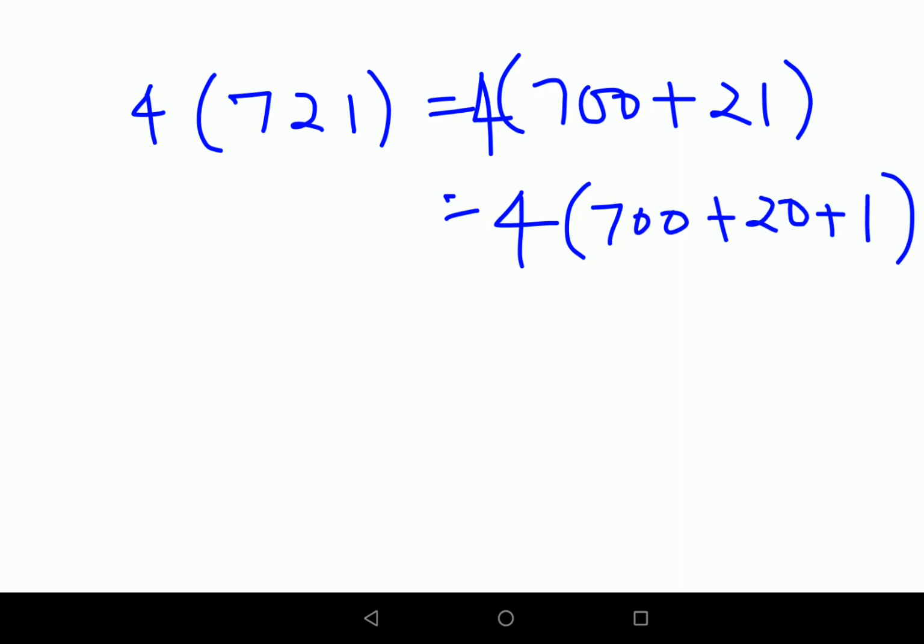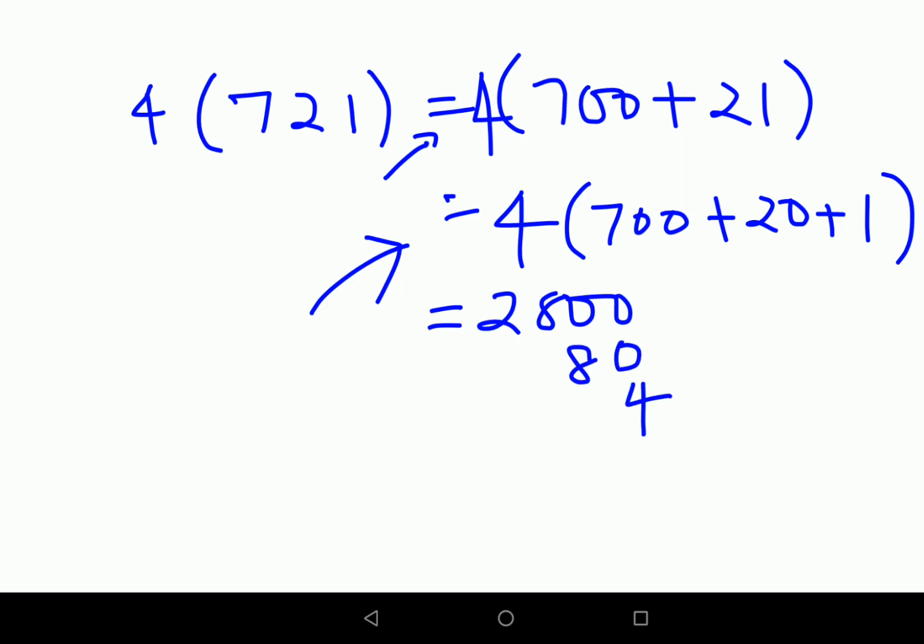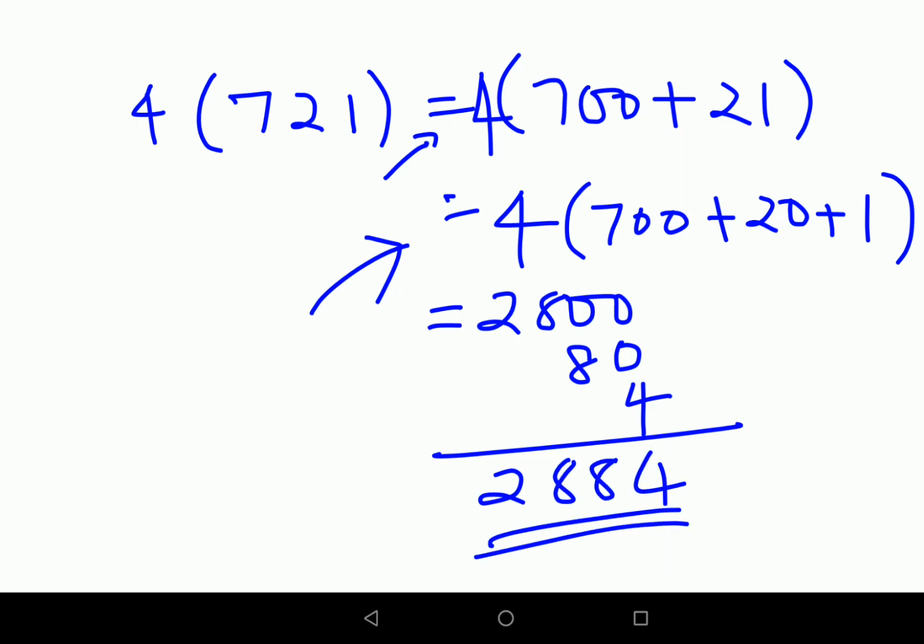You can do it either way, but since I've already shown you the first method, I'm going to show you what happens when you do this step. So 4 into 700 gets you 2800, 4 into 20 gets you 80, and 4 into 1 gets you 4. Add all of this, you get 2884. That is your answer. So you saw how easily the distributive property can solve your problem of multiplication.